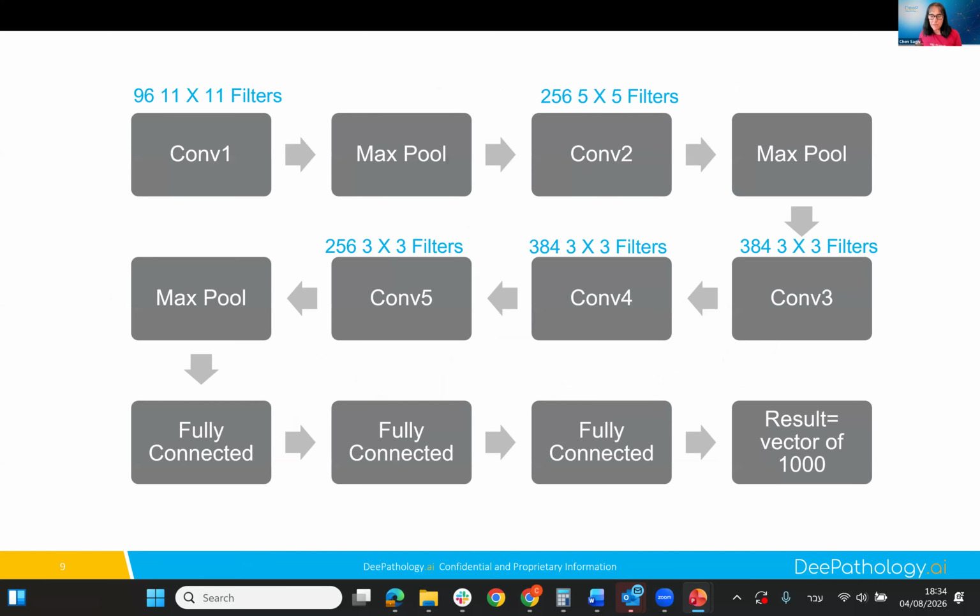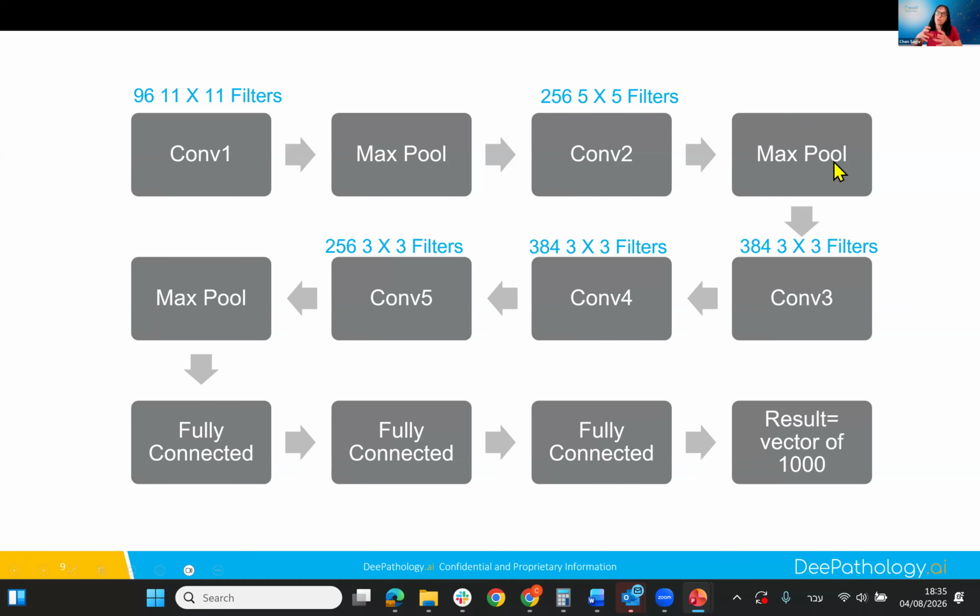Now, another way to look at the AlexNet would be in some kind of a diagram like this. So we have here all the operations, the number of filters, the size of the filters. So we see convolution 1, then max pooling, then we have 256 filters 5 by 5, again max pooling.